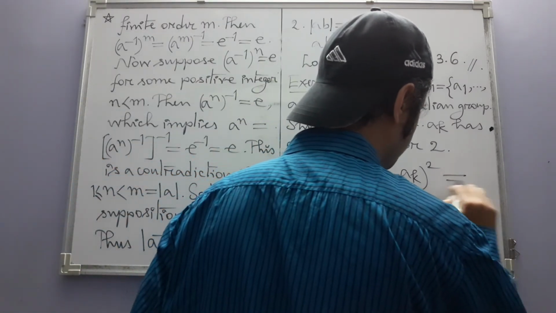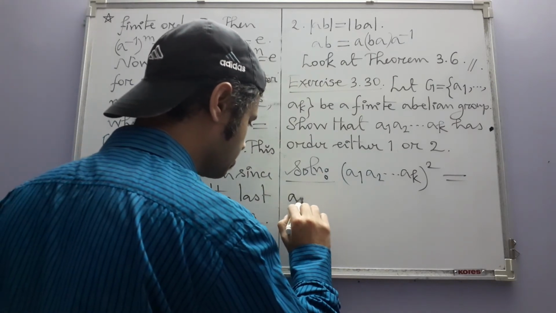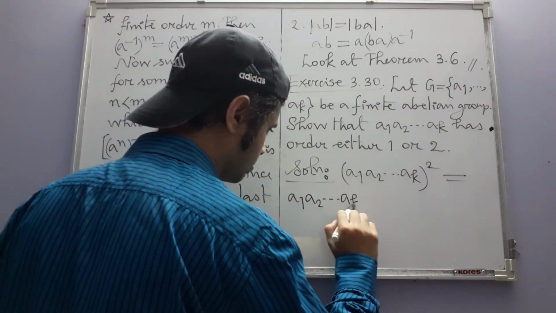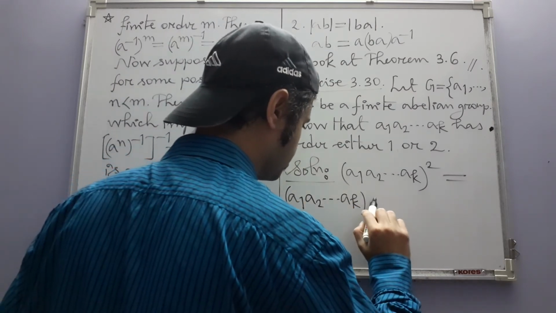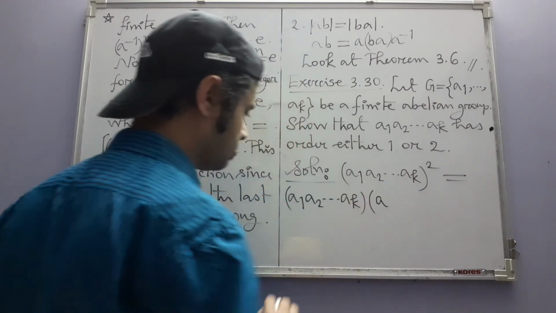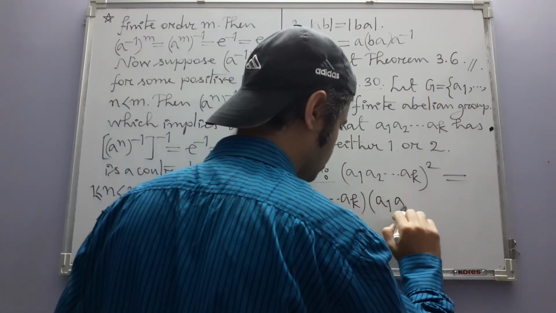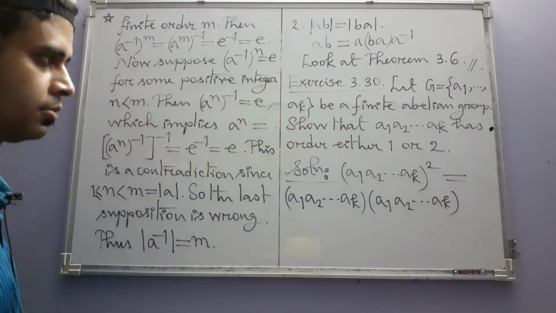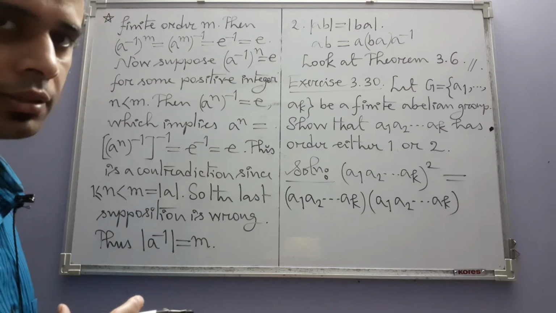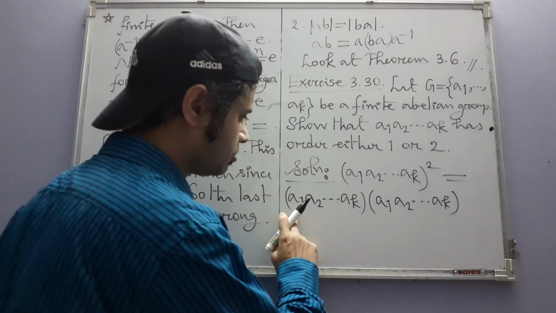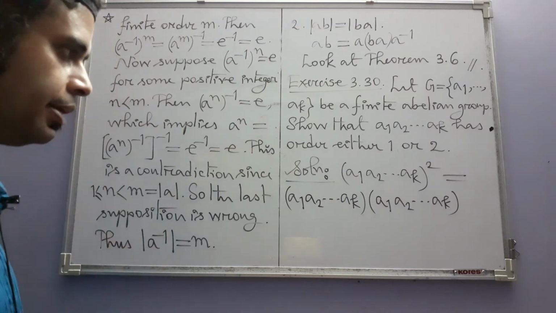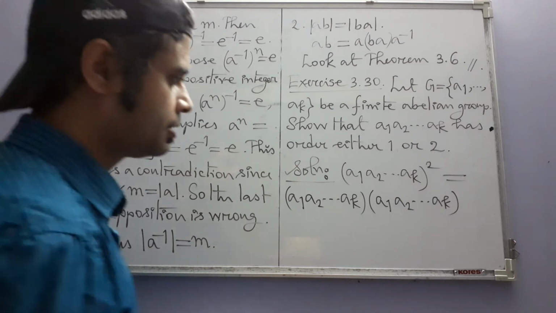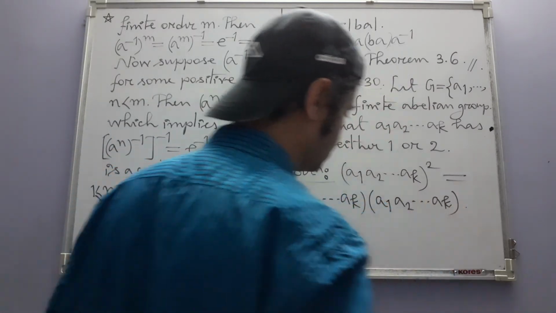The square of this product by definition is the product of the elements, but you can use the fact that G is abelian to change the order of these elements in any manner you want. Why shall we do that? What is the benefit of doing such a thing?